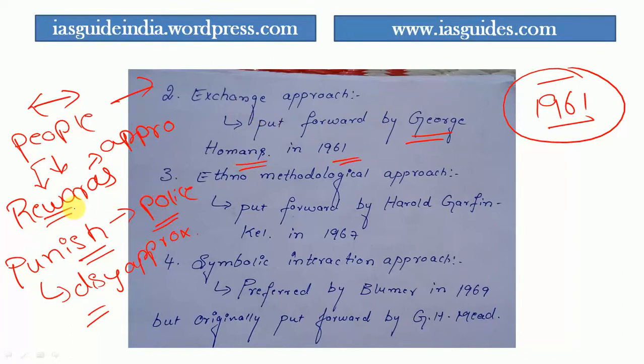Again I will repeat. In the exchange approach, people give rewards and punishment for approved and disapproved behaviors respectively. For example, if a person is striving hard to excel in his life, definitely he will be rewarded by society as well as by institutions. Whereas if a person is indulging in criminal activities, that is a disapproved behavior, and society will not encourage it, and society directs him for punishment from the police.